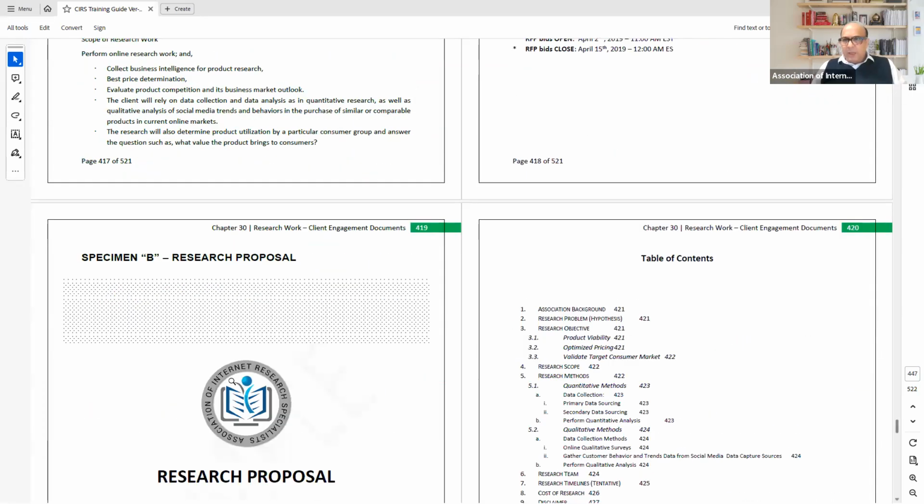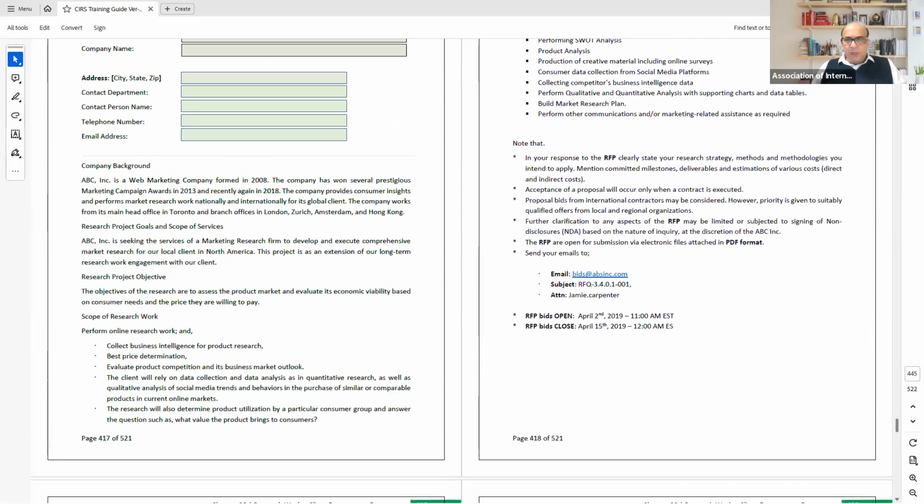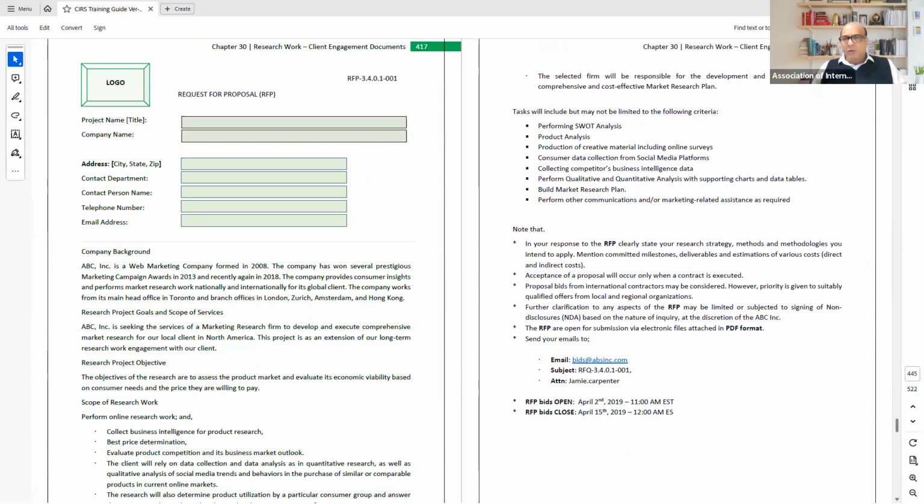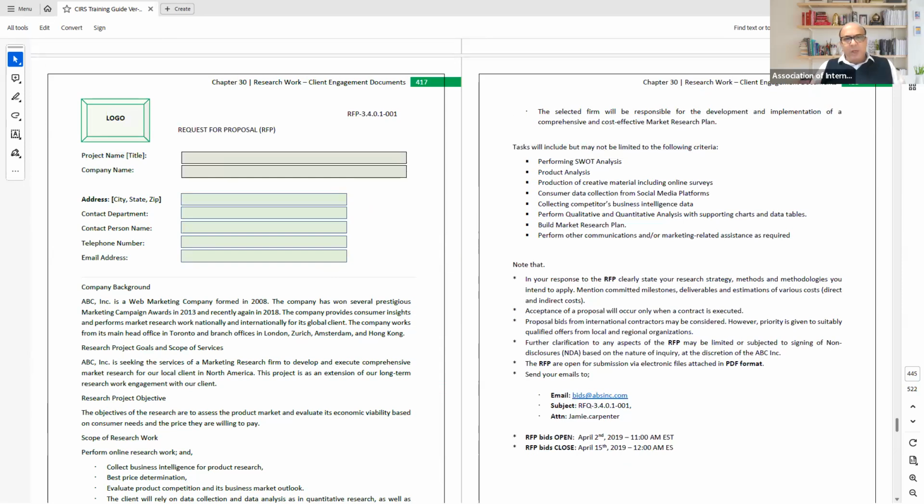In the practical sense of how requests for proposals are generally given to us, it's not as elaborate and not as detailed. Yes, the idea here is for the client to get ballpark quotations and not to disclose too much information at this point.